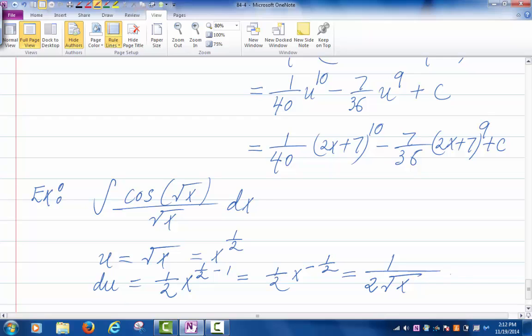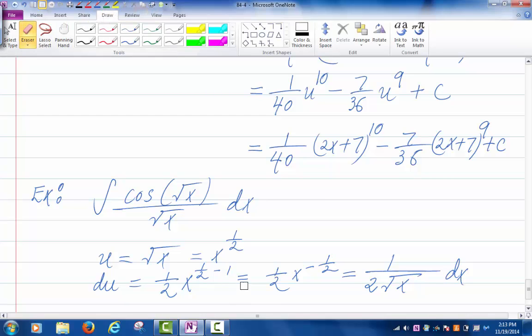Oh, I forgot to multiply with dx, right? I should be multiplying with dx. Okay, so that's what we get for the differential of u.